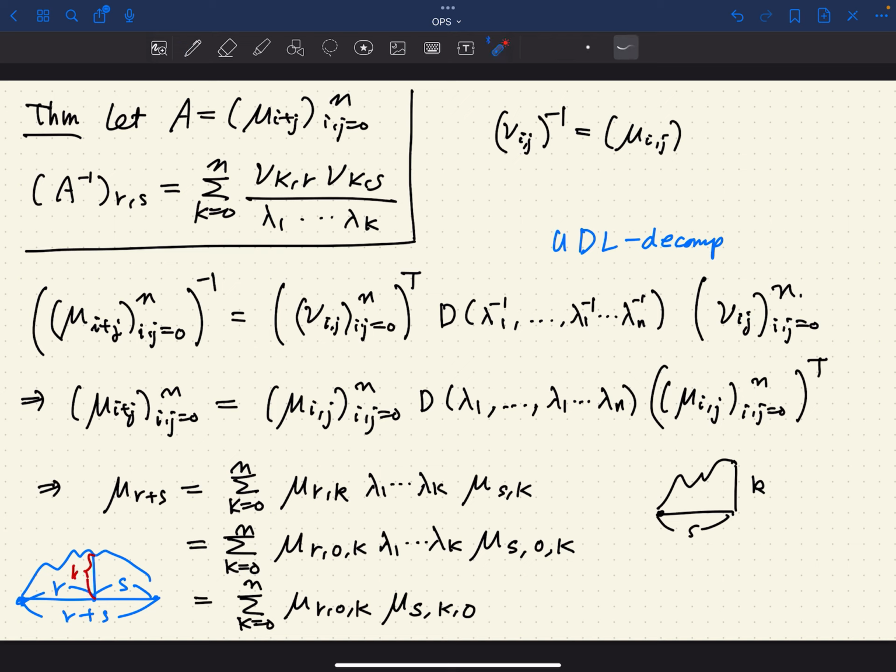And that's why this is exactly the path from 0 to k of length r, and from k to 0 of length s. So this really explains the kind of trivial identity if you consider the matrix, the Motzkin paths. So they are all equivalent to this formula that we proved, which is more complicated. But if you look at this, this is more natural. But they are all equivalent in this sense.